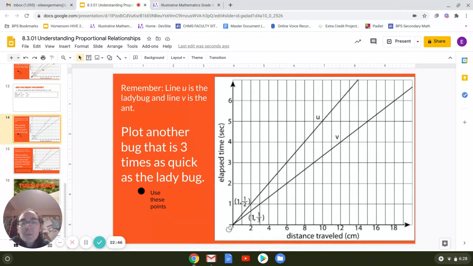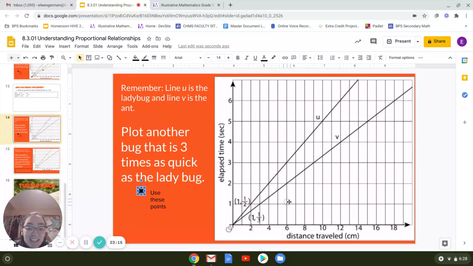Okay. So remember, line U is the ladybug line. Line V is the ant line. So now I want you to plot a bug that is 3 times as quick as the ladybug. So 3 times that constant. The ladybug, remember, goes 2 every second. So if we plot one that goes 3 times as fast, we take that initial distance of 2 and multiply that by 3.